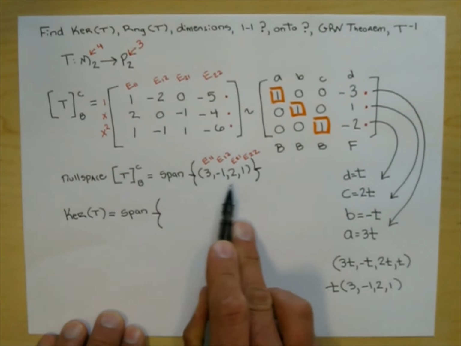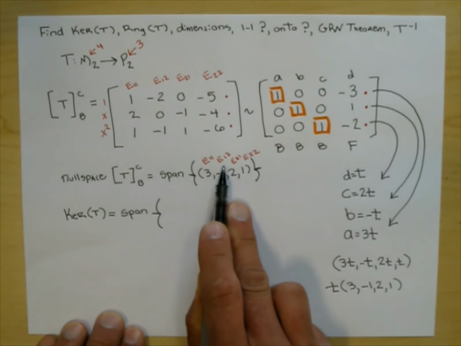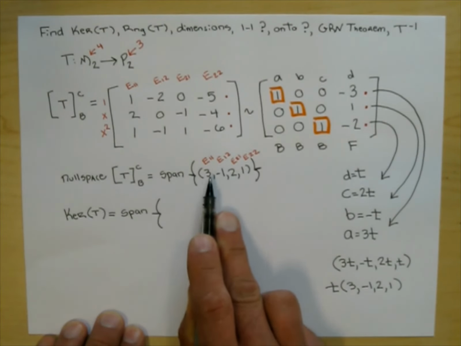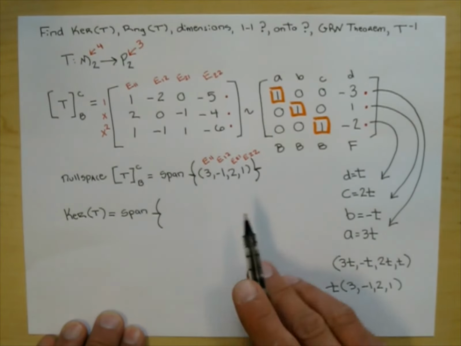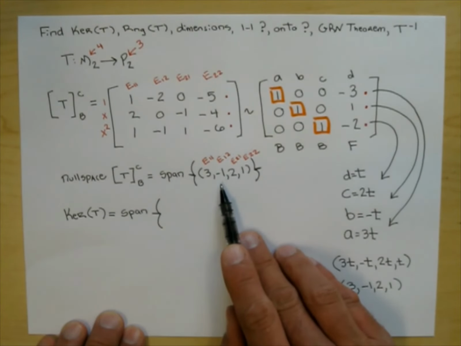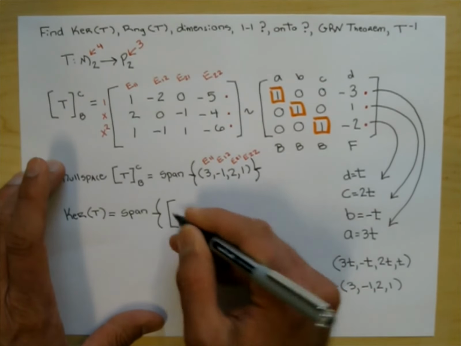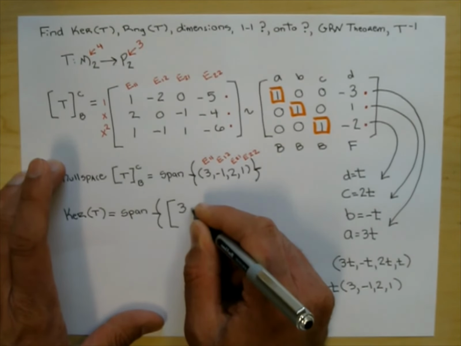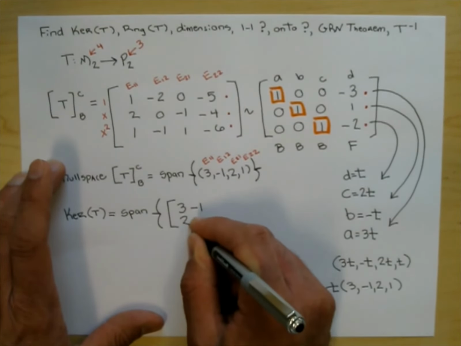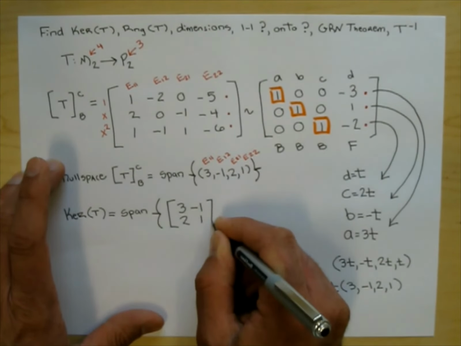It's not going to be written as a 4-tuple, it's going to be written as a 2 by 2 matrix, and we're going to use this as our guide, the E11, E12, so this goes in the E11 spot. It's really 3 times E11 minus 1 times E12, etc. It's going to give me this 2 by 2 matrix: 3, negative 1, 2, 1.